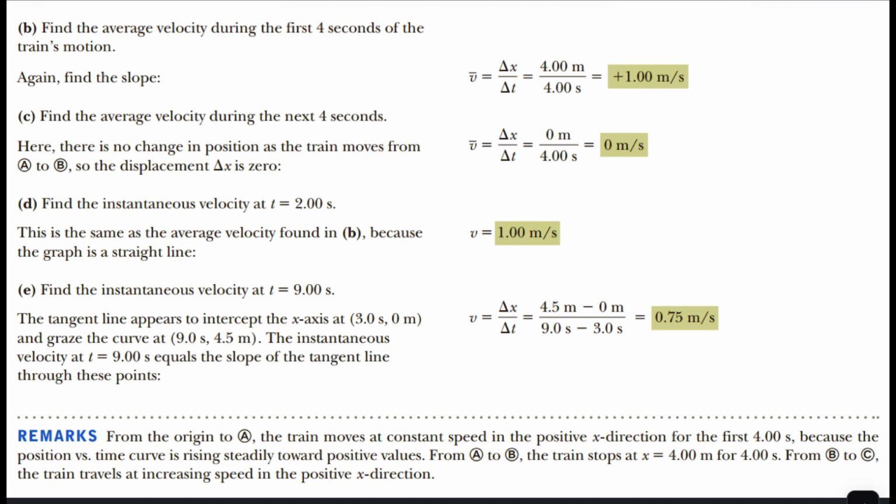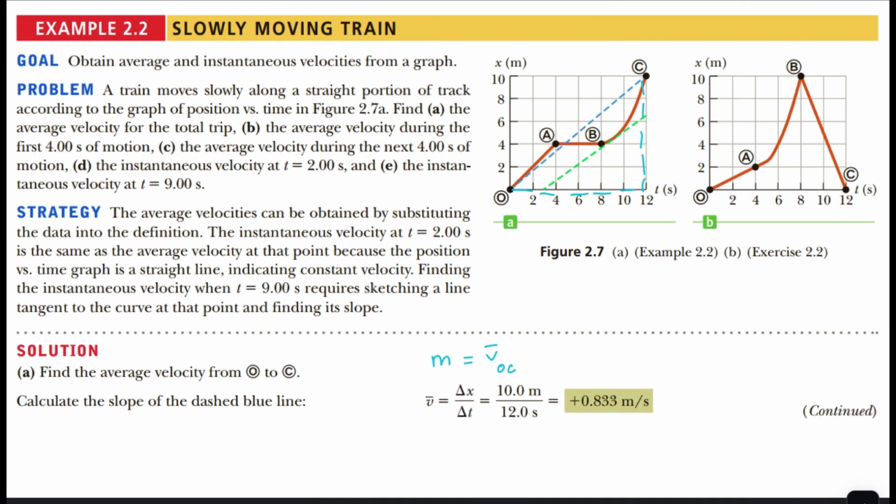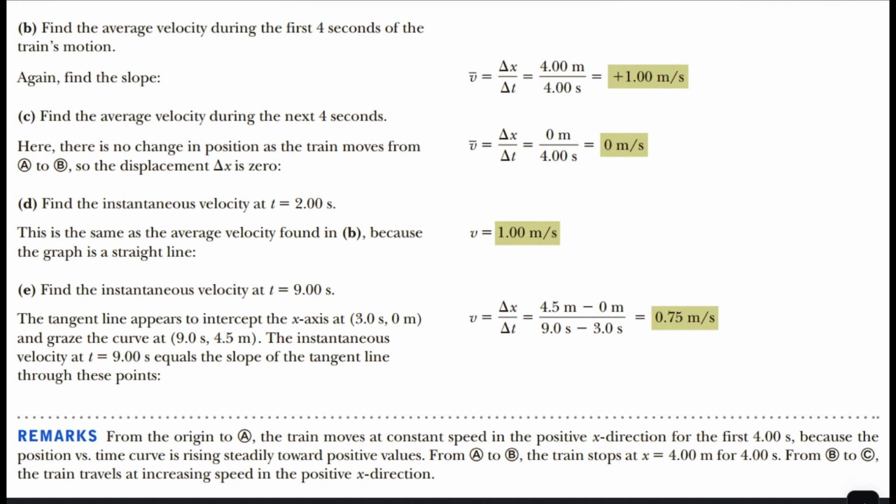When it is a flat line, the x is the same, which means that delta x is 0. So you have 0 for V average from point A to point B.